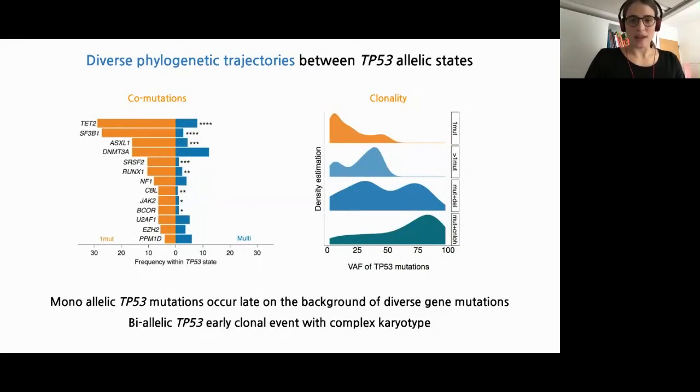And by looking at the clonality, the variant allele frequency of the mutations, we also see higher clonal dominance for biallelic versus monoallelic TP53. So the main pattern of trajectory is that monoallelic TP53 mutations occur late in disease pathogenesis on the background of diverse other gene mutations, while biallelic TP53 tends to be an early clonal event, strongly associated with complex karyotype.